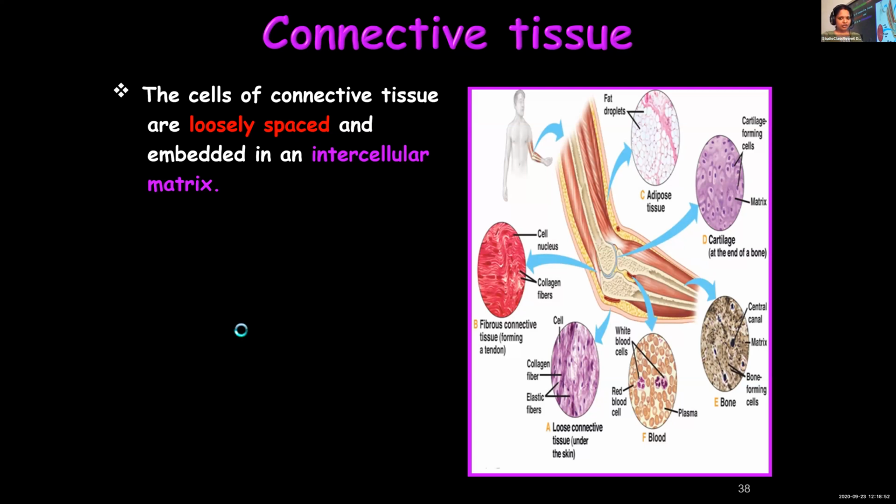And since this matrix is present in between the cells, you call it intercellular matrix.